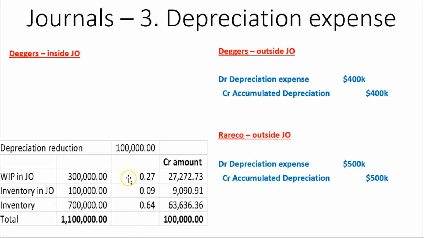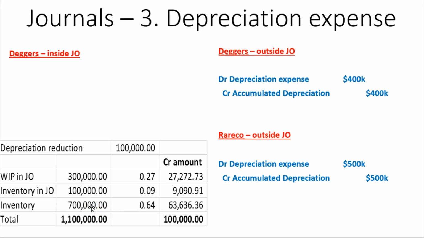And so I know that 27% of the value of these three accounts is in my WIP account. Same here. I know that 9% of the total value sits in my inventory in joint operations account. I know that 64% of the total value of these three accounts sits in the inventory account, which has been distributed outside.